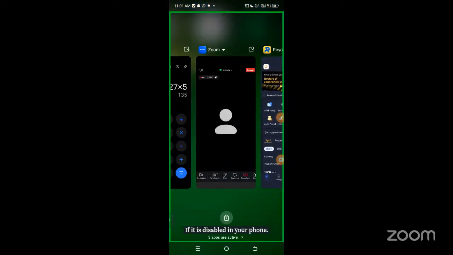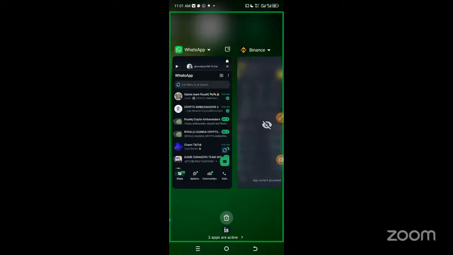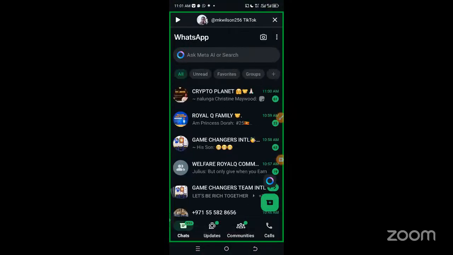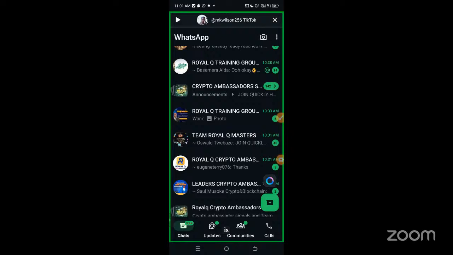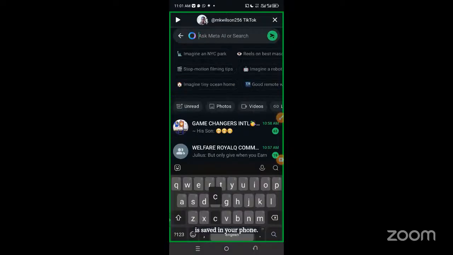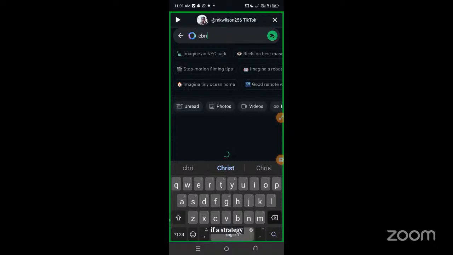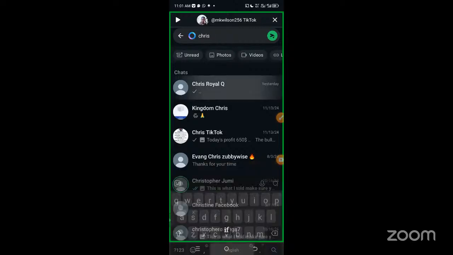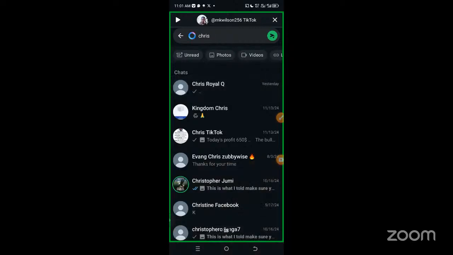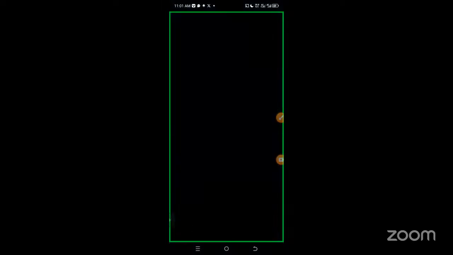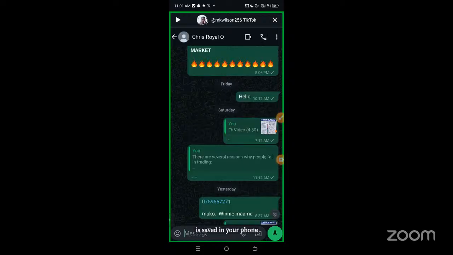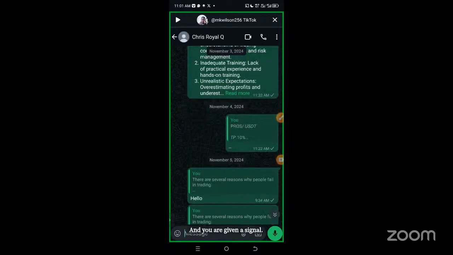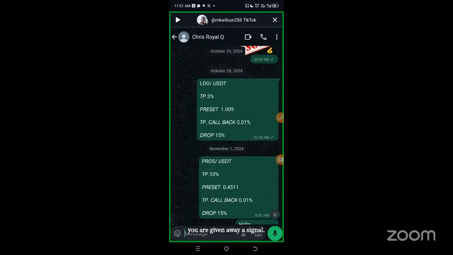If a strategy is saved in your phone, I repeat the statement, if a strategy is saved in your phone, and you are given a signal. Let me look for the signal.